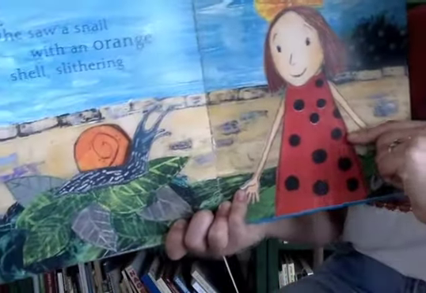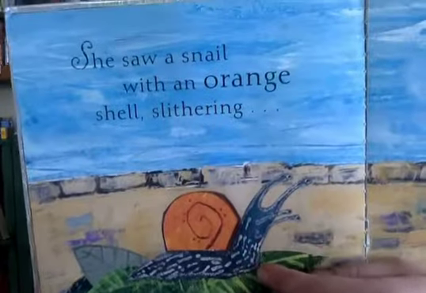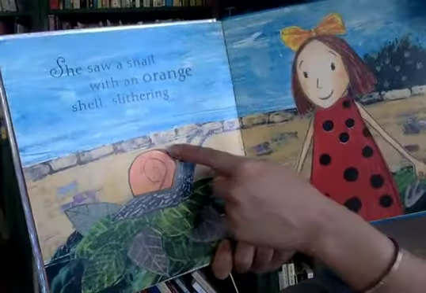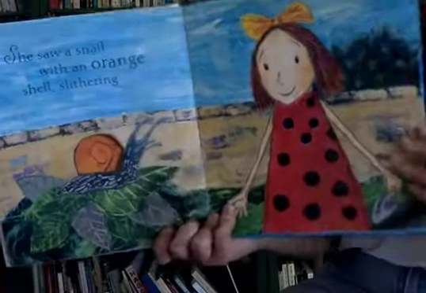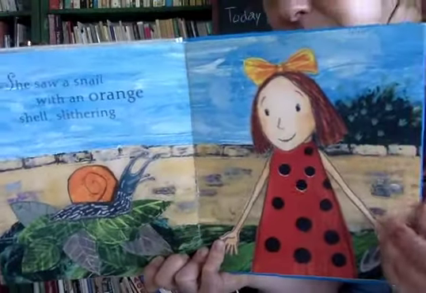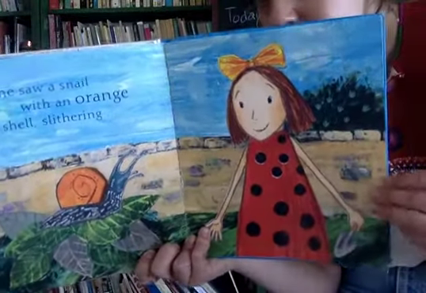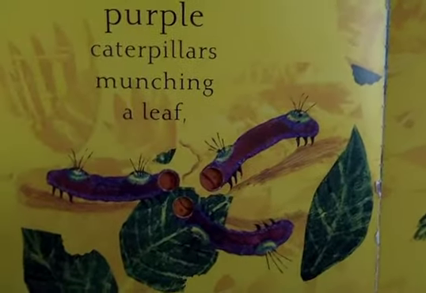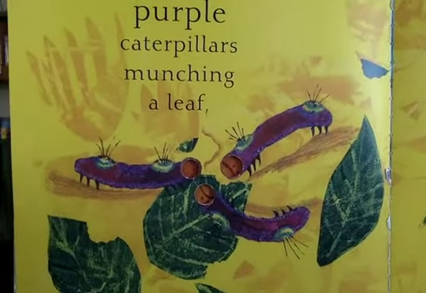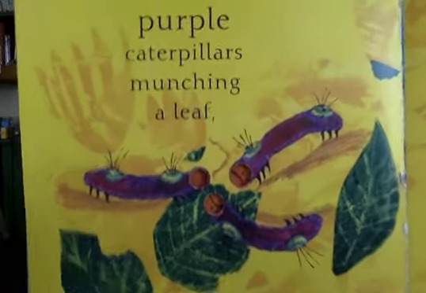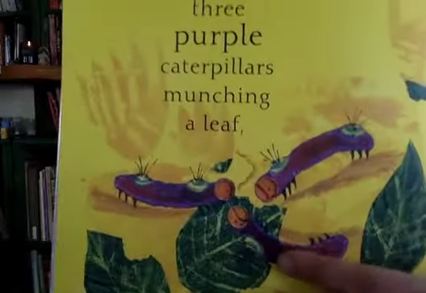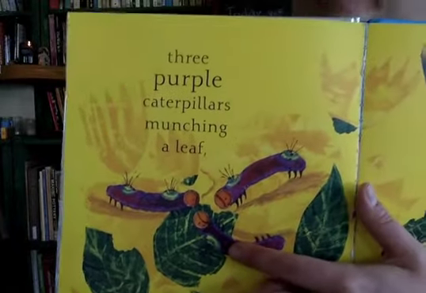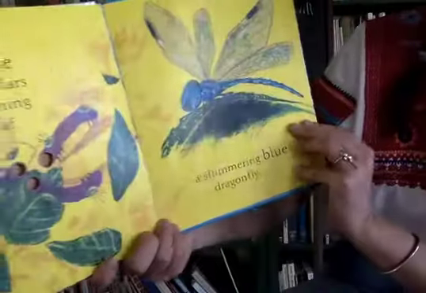She saw a snail with an orange shell slithering. Oh, and 3, what color are these? Purple. 3 purple caterpillars munching on a leaf. 3 very hungry caterpillars.